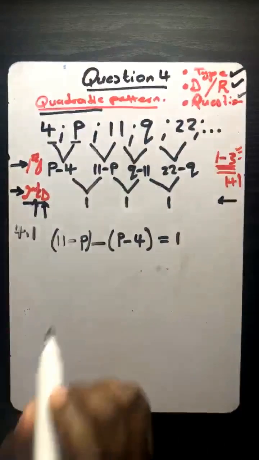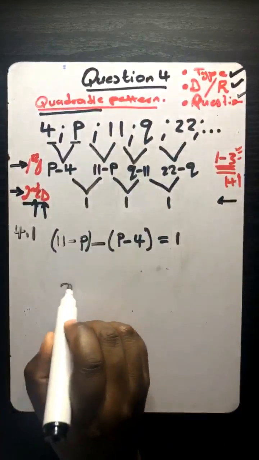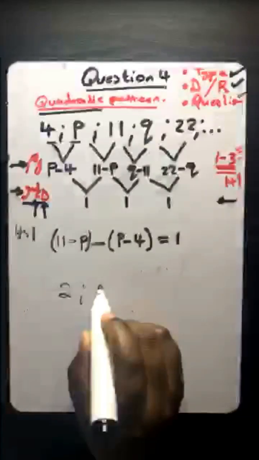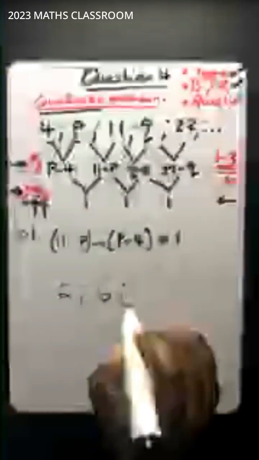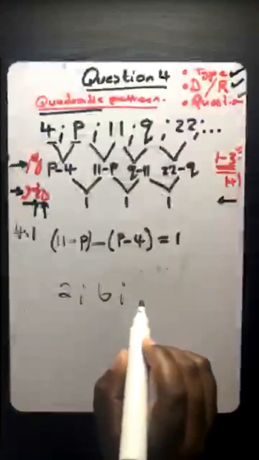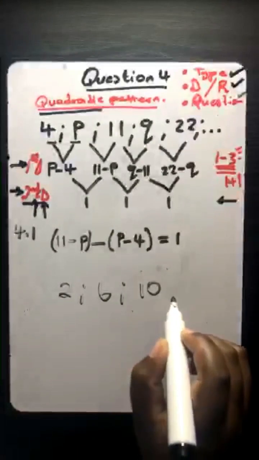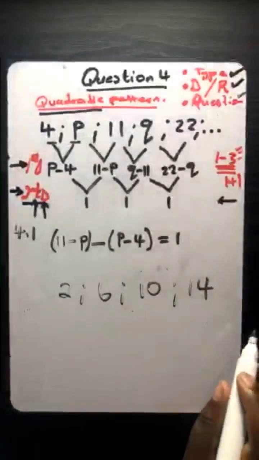So let's say, just as an example, remember, if you are having 2, let's say it's 2, then 6, then maybe 12, then maybe 20. I'm just giving an example, guys.